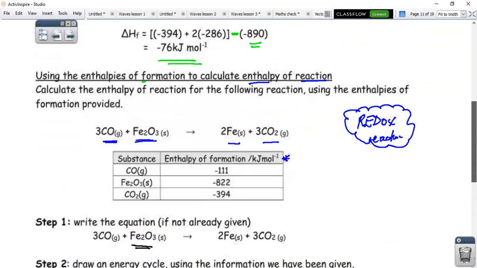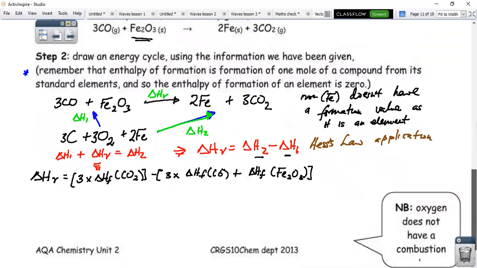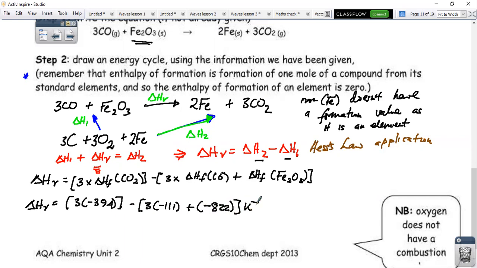And the table here gives me some values, doesn't it? So I've got what I need. So now the question or the game really is just about plugging and playing in here. So there we go, delta HR equals 3 multiplied by 394.4, minus brackets 3 times 111 plus, that's a minus 822, and all this is in kilojoules per mole.